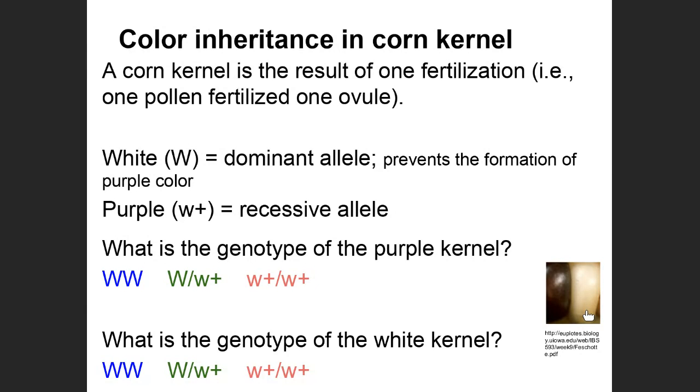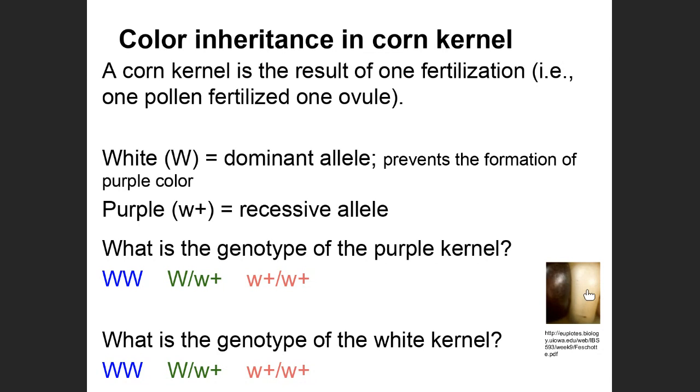Those hairs from the corn are the style of the flower, the female part. That's the tube through which the pollen travels and then fertilizes the ovule, the egg in that female flower. And then once that fertilization happens, it fills in as a kernel.